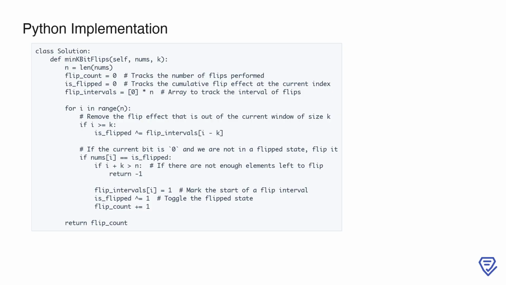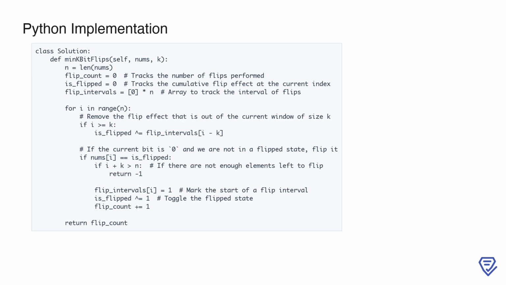2. Iterating over the array. For each index i, if it is beyond the range of k, we remove the flip effect of the interval that ends at i-k. This is done using the XOR operation, is_flipped ^= flip_intervals[i-k]. If the current bit nums[i] is equal to is_flipped, it means the bit is incorrect, e.g., 0 when it should be 1, and we need to flip it. 3.